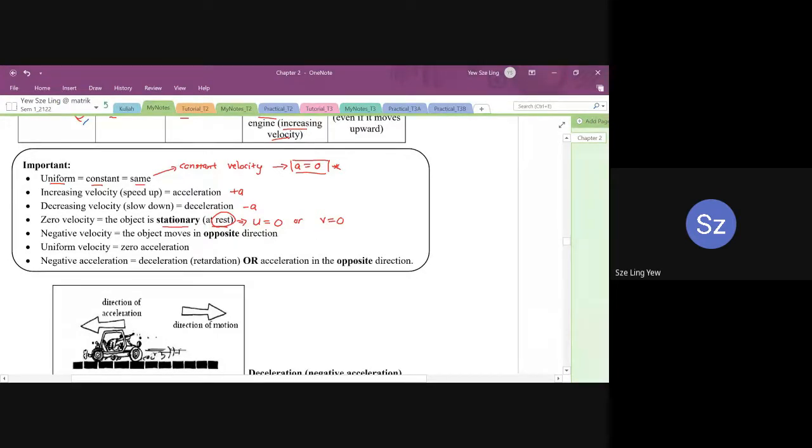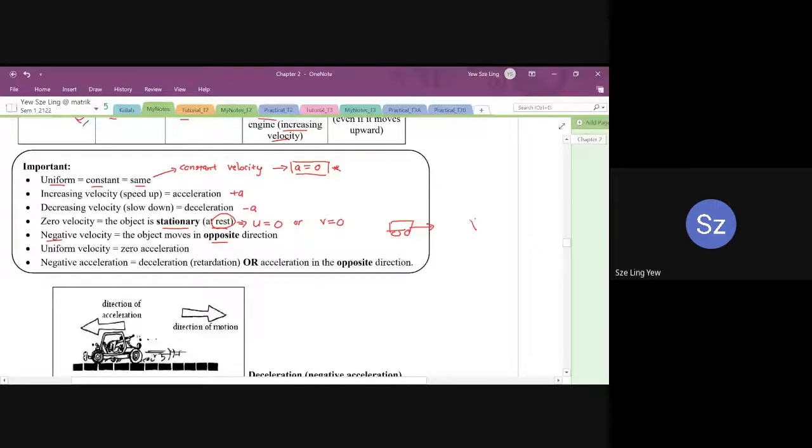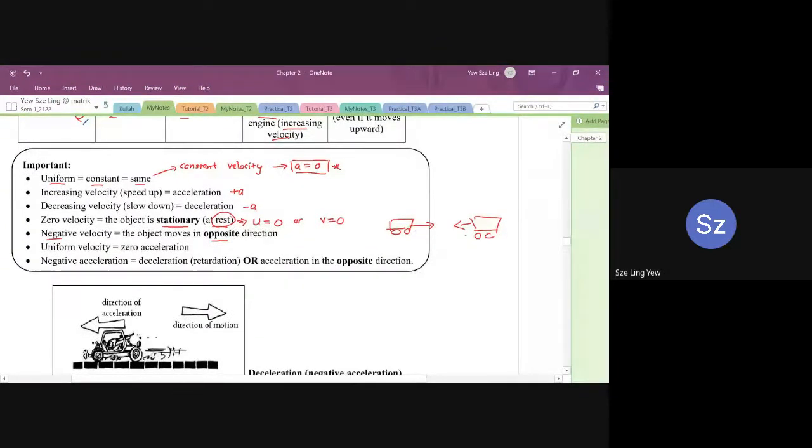If you have a negative velocity, then the object is moving in the opposite direction. This negative velocity, you yourself have to take note, because sometimes questions will tell you like this. Now, you have two objects coming from opposite directions. So you have a car moving towards the other car, and the other car is moving towards the original one. So they are moving towards each other.